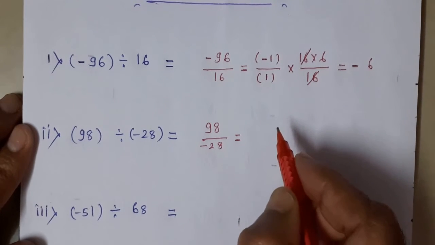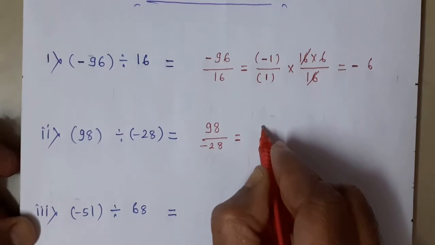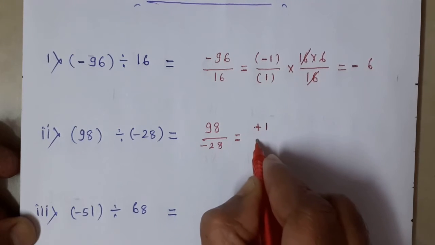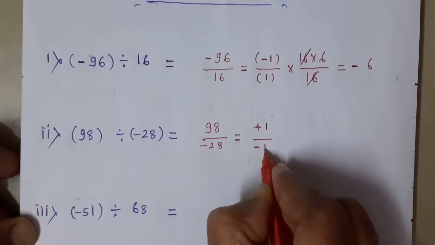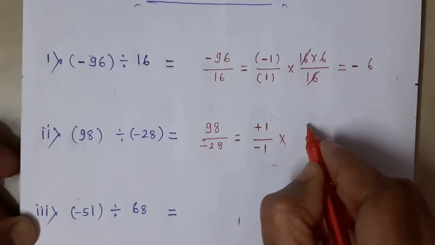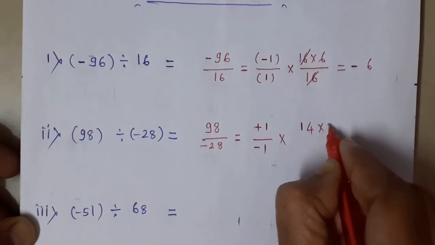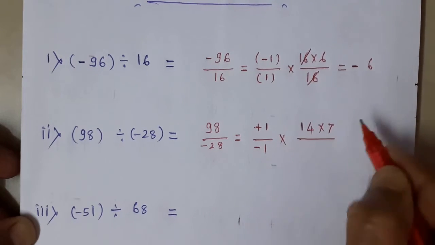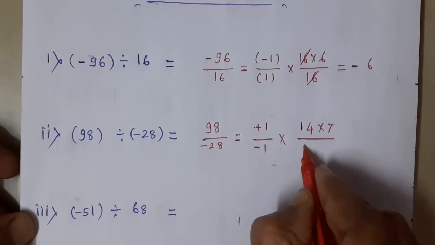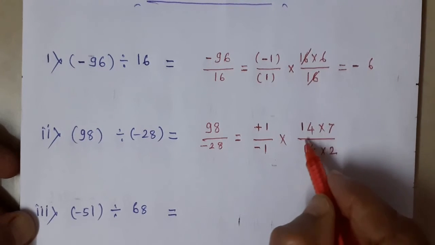I write this as positive 1 divided by negative 1, multiplied by 14 sevens are 98 and 14 twos are 28.